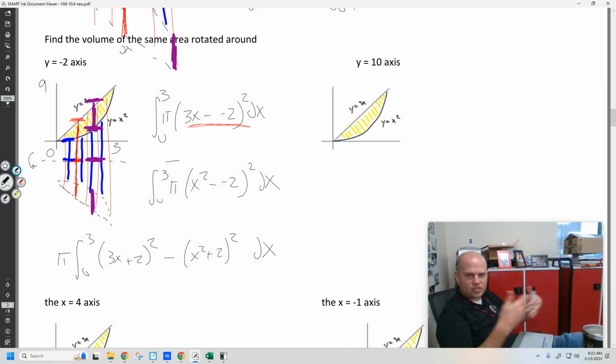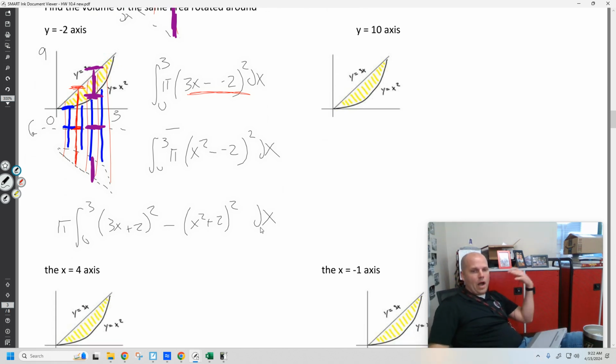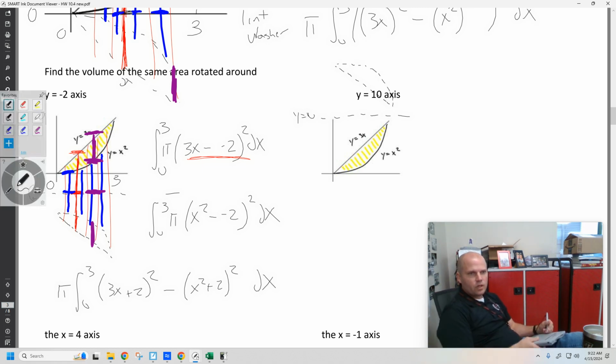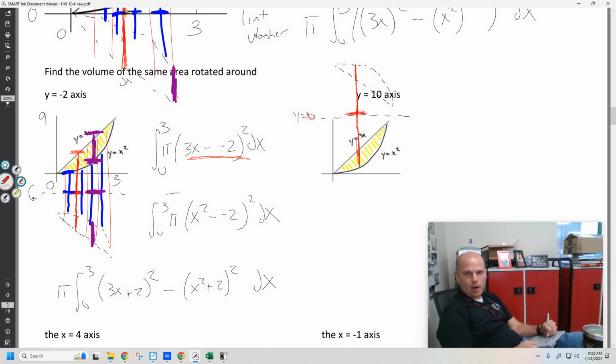Outside, inside. Why we say out and in instead of top minus bottom is because look at what's going to happen here. If I revolve this around y equals 10, things change. This is why it's so important to sketch this reflection. Notice that to the outside, we are going off of this y equals 10, and I don't know the equation up here.